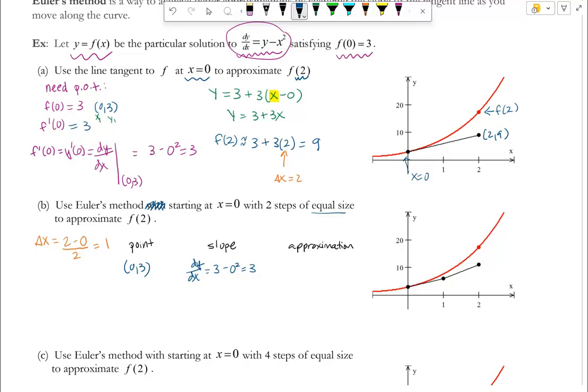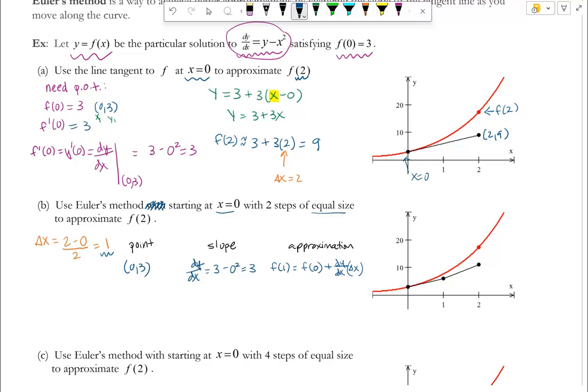So what we're going to approximate is not f(2), but f(1), because we're going to use a delta x of 1 here. So if I'm starting at 0, I'm going to approximate f(1) by starting with my previous y value, and adding to that my slope, dy/dx, times delta x.